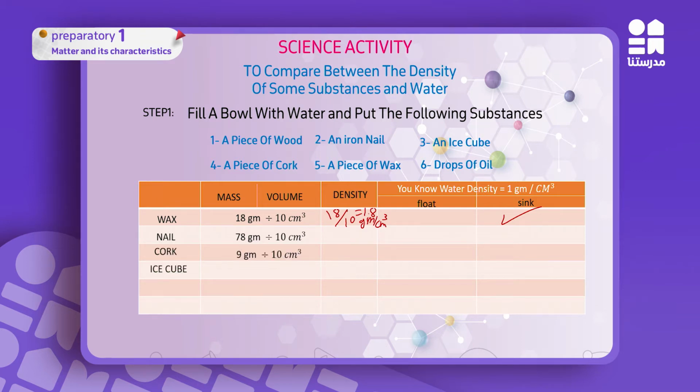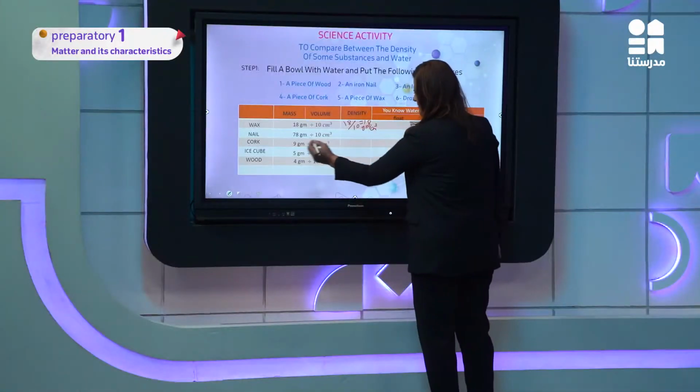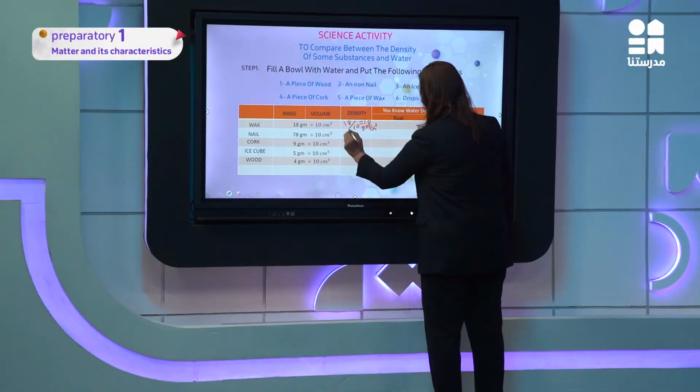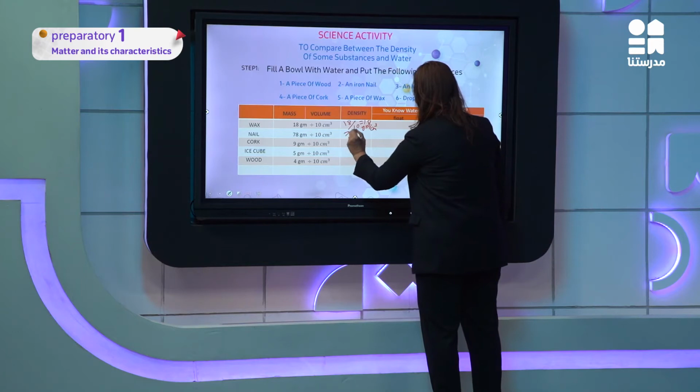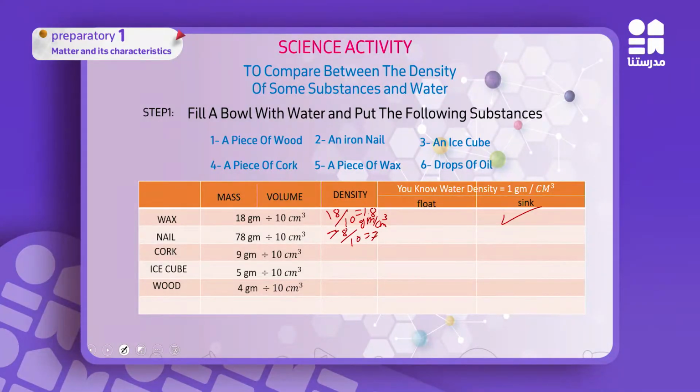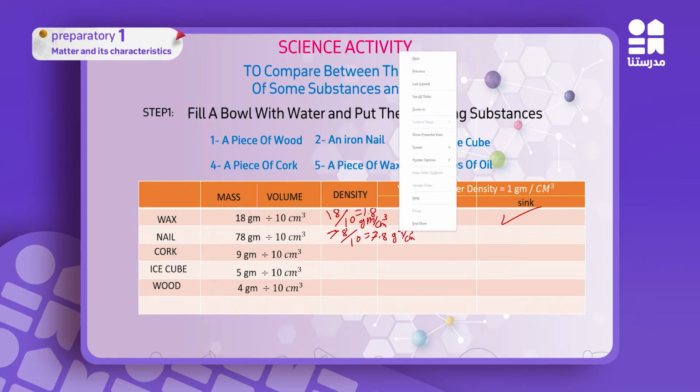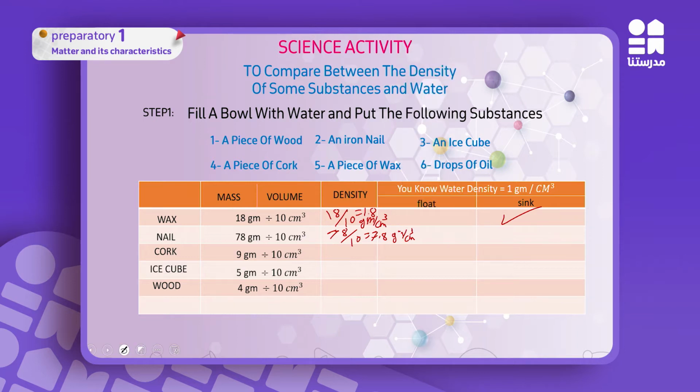We'll take them all. Okay. Here I have the nail, the iron nail. Its mass is 78 over 10. It will be 7.8 gram per cubic centimeter. Is it heavier than water or lighter?